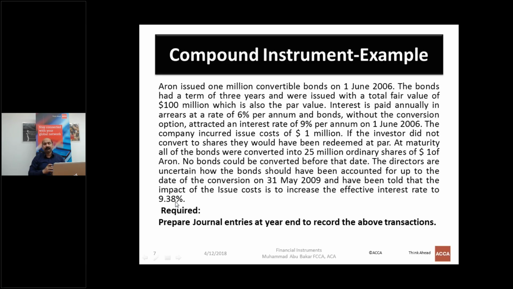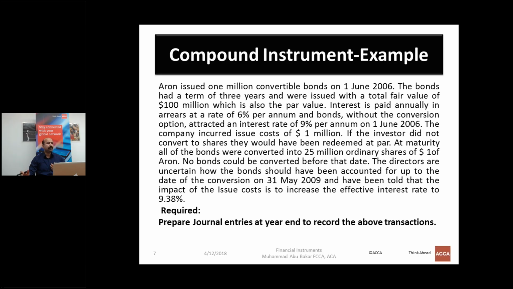When you subsequently treat this debt element, you will be using 9.38%. So I hope this concept from International Accounting Standard 32 and its treatment is clear.